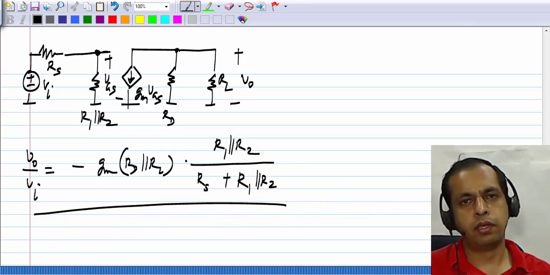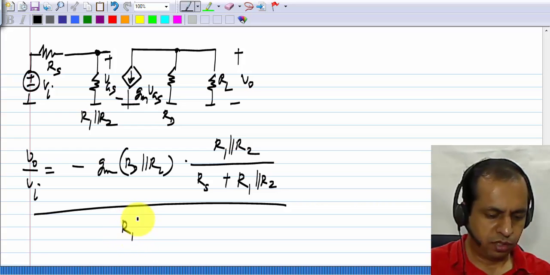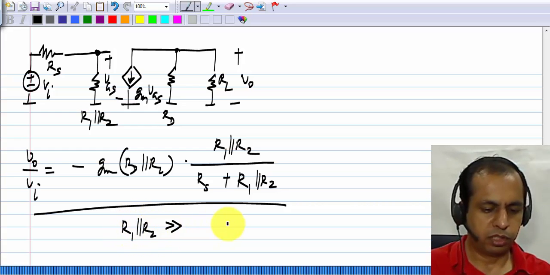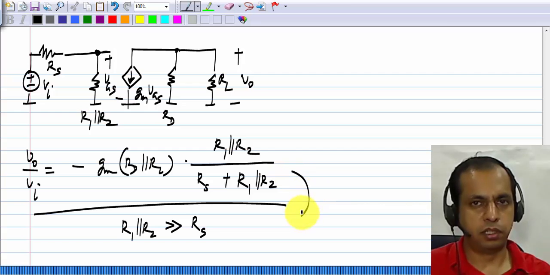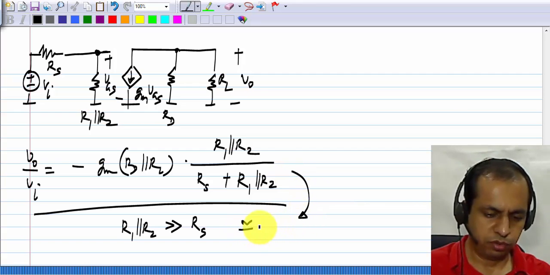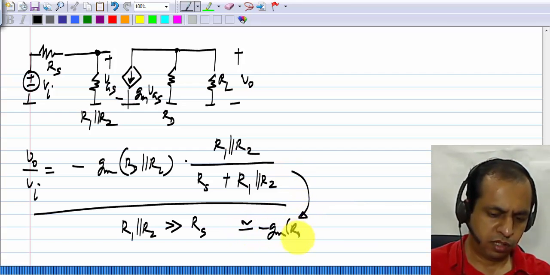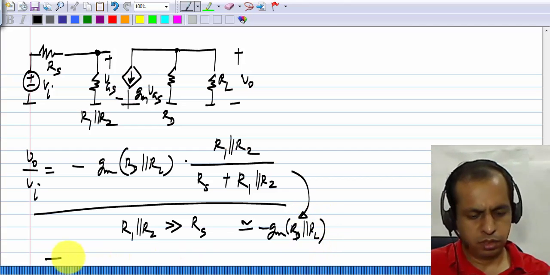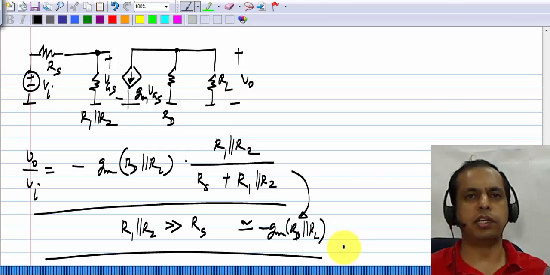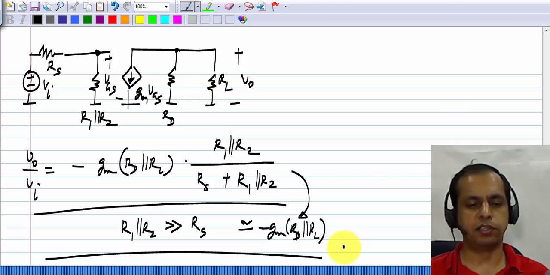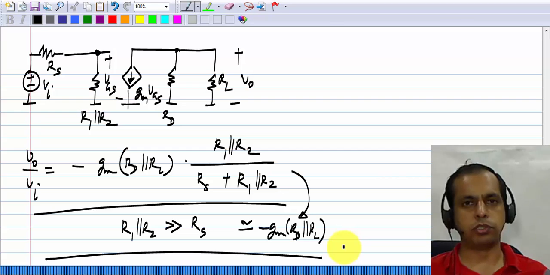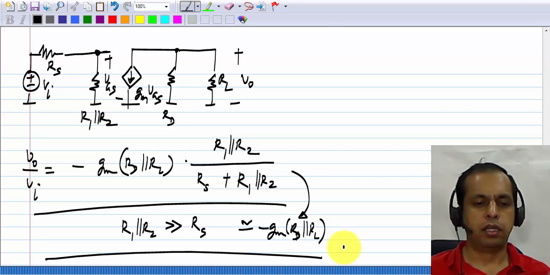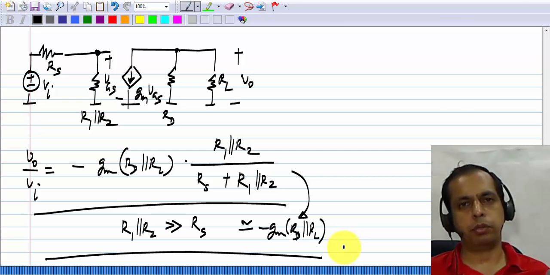And if you do choose R1 parallel R2 to be much greater than Rs, this whole thing will reduce to minus Gm Rd parallel RL. So the small signal picture wise nothing is different. I just went through it and it's exactly the same as in the NMOS common source amplifier. Now what is really different between PMOS and NMOS we'll see in the following lessons.